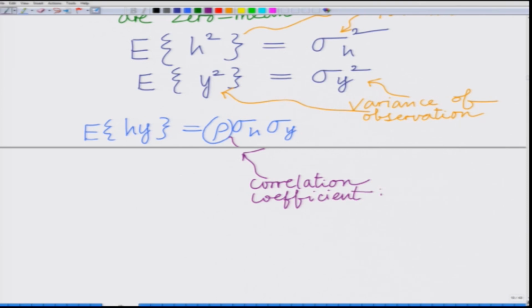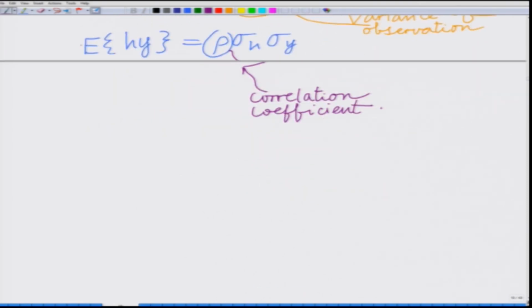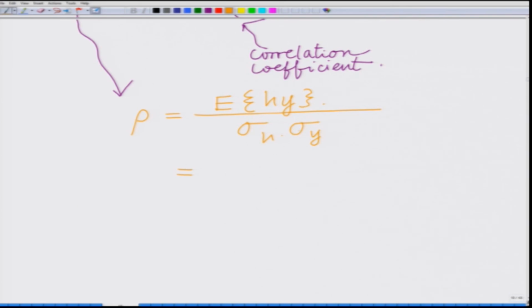This is the correlation coefficient of the parameter h and the observation y. It is given as rho equals the cross covariance, expected value of h y, divided by sigma h into sigma y, that is, the product of the standard deviations. Sigma h square is the variance, sigma h is the standard deviation of h, sigma y square is the variance of y, and sigma y is the standard deviation of y.